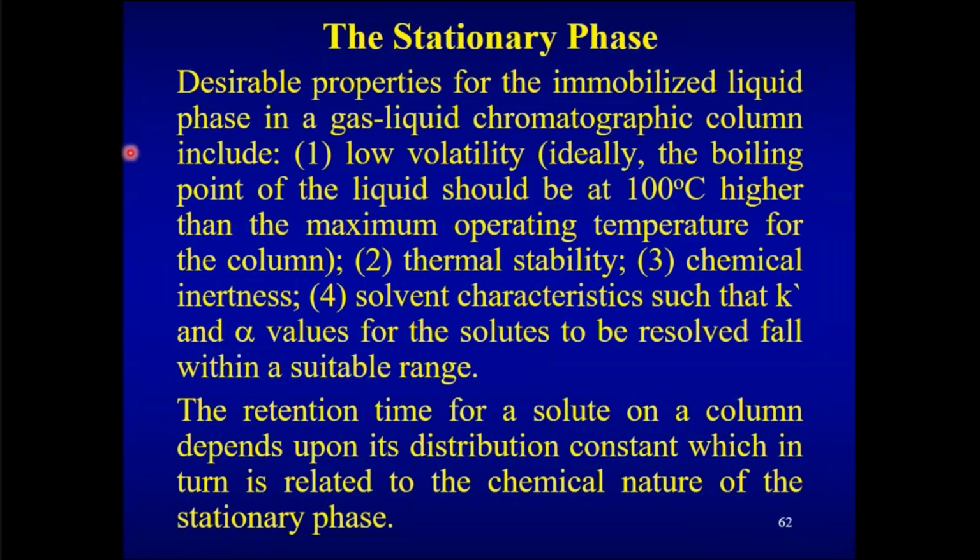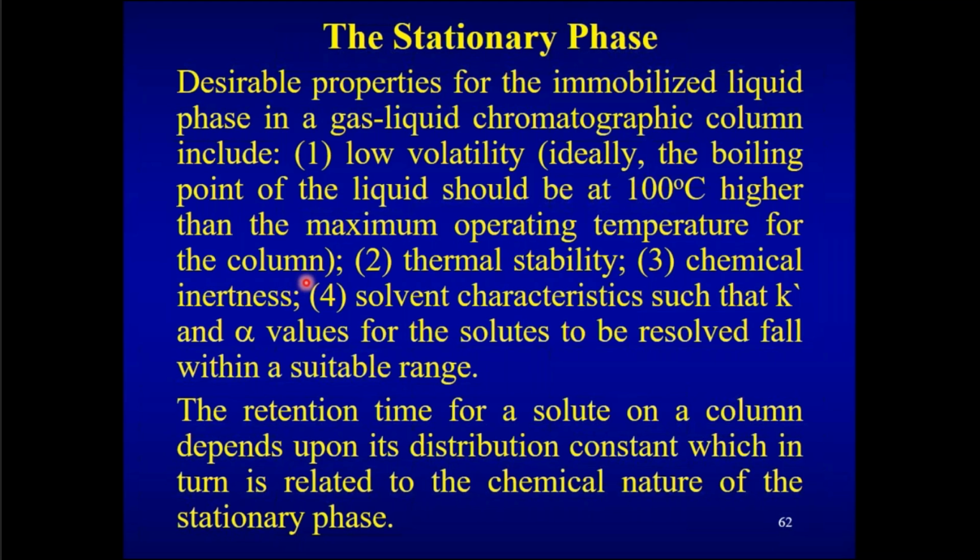To summarize, desirable properties for the immobilized liquid phase in a gas-liquid chromatographic column include low volatility. You have a liquid which should remain as a liquid throughout your experiment, so it should have low volatility. Ideally, the boiling point of the liquid should be 100 degrees centigrade higher than the maximum operating temperature for the column.